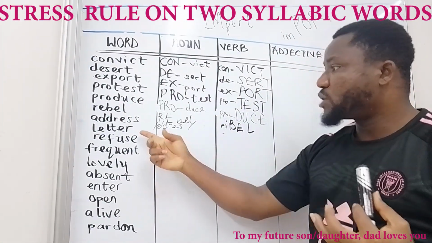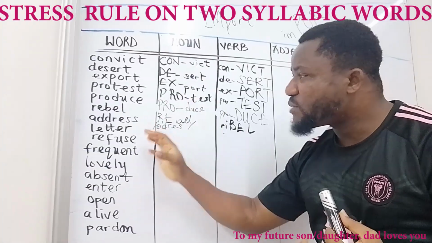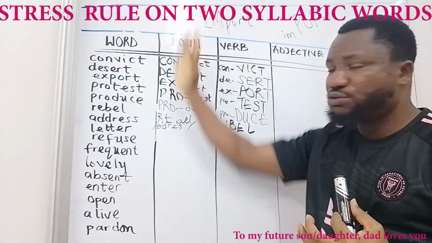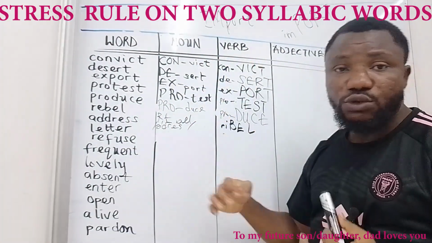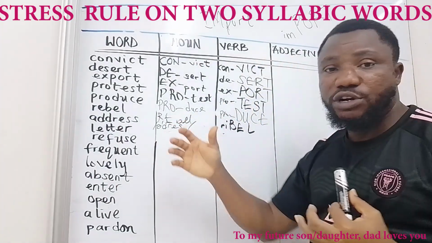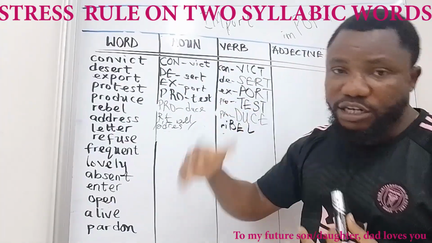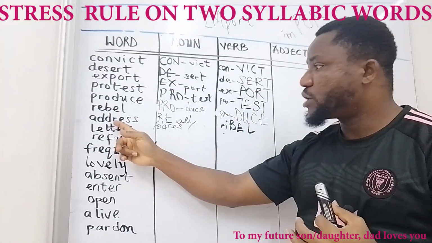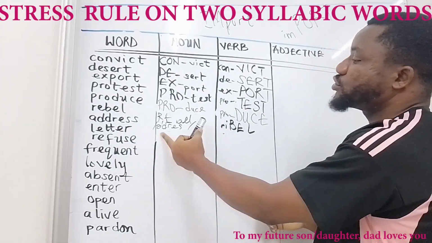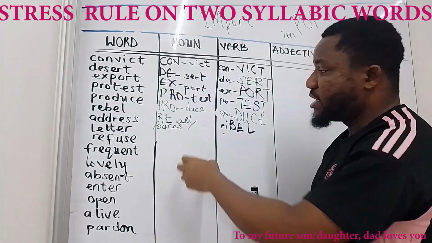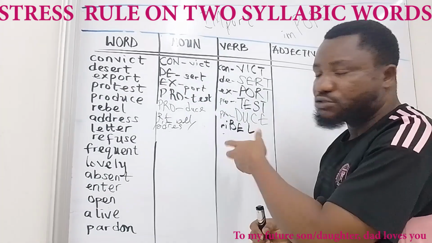What I'm saying, in other words, with address is that there are exceptions to this rule on disyllabic nouns, verbs and adjectives. This word, the noun, has a stress on the second syllable, the same way that the verb has a stress on the second syllable.